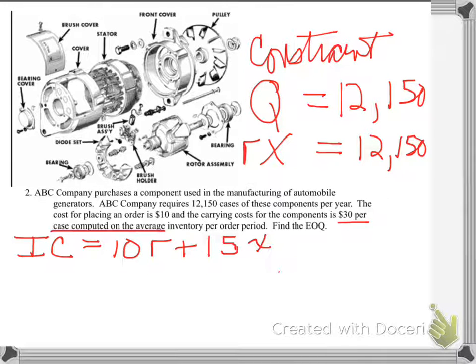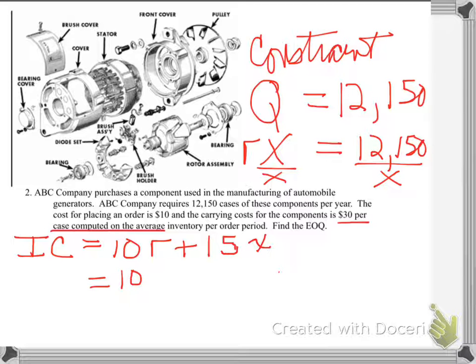So I'm going to replace the r. If I replace the r, I divide both of these sides in my constraint by x, and I get that r equals 12,150 divided by x.